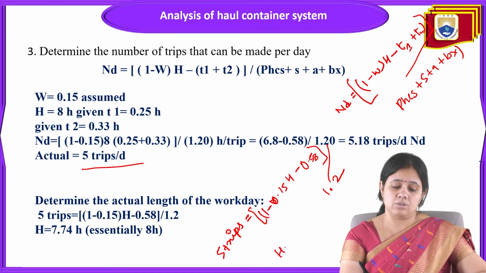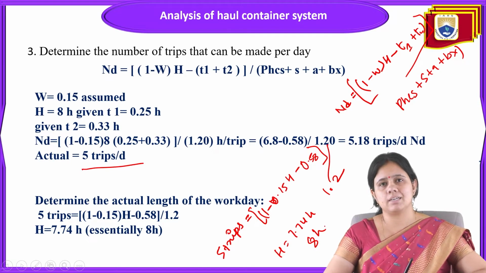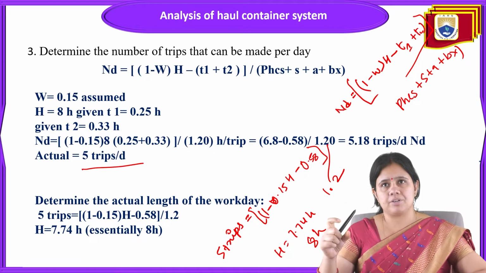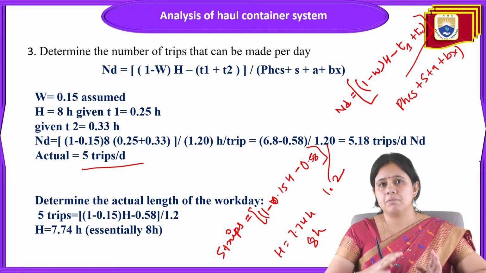So H is equal to 7.74 hours. Rounding off, it is 8 hours. So in a single operation of a haul container system, it will take 5 trips per day in 8 hours of duration, with a pickup time of half an hour. So this is the problem statement involved with this haul container system.